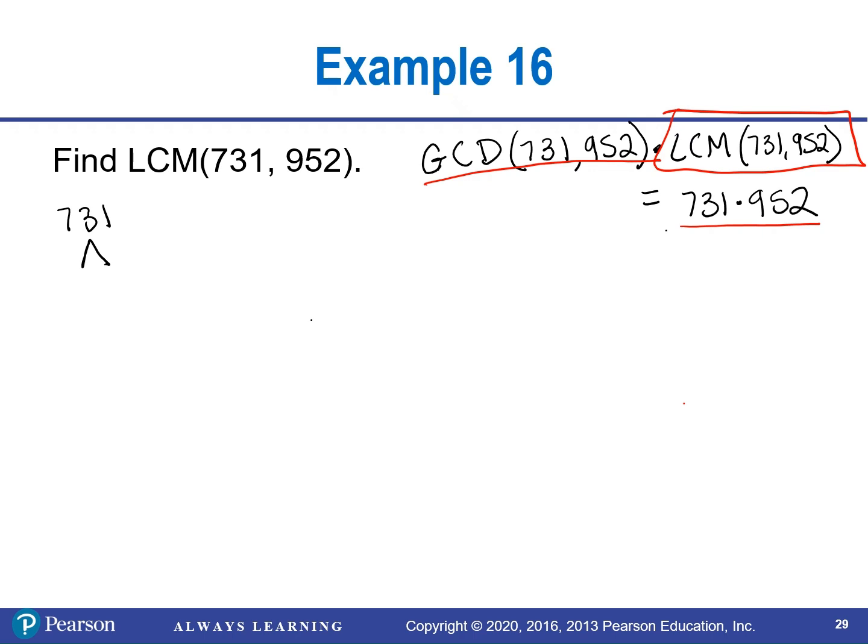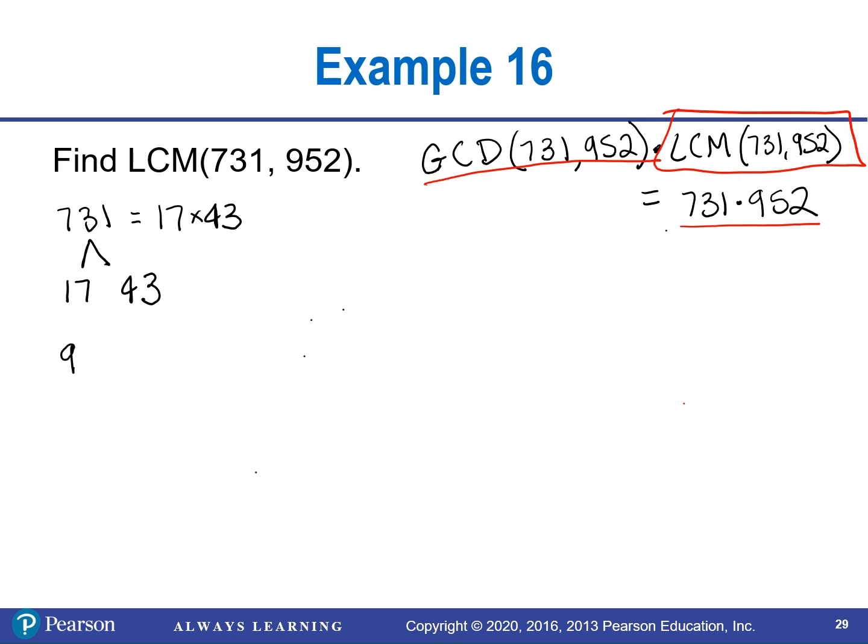You could just try that in your calculator and you'd see that it's not. It's not divisible by 11 or 13, but it is divisible by 17. So the prime factorization of 731, I'd start by dividing by 17, and I'd see 731 divided by 17 is 43, and 43 is actually prime. So the entire prime factorization is just 17 times 43.